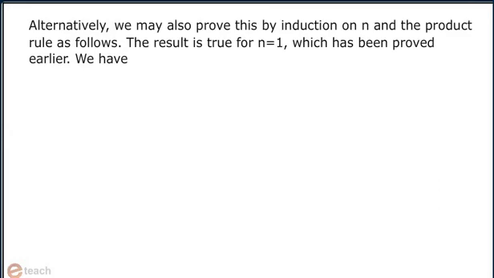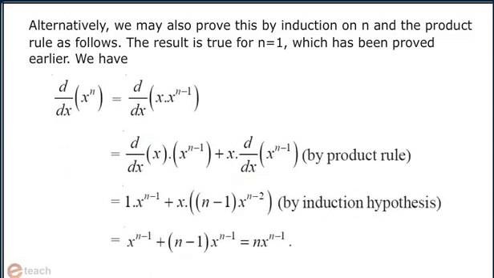Alternatively, we may also prove this by induction on n and the product rule as follows. The result is true for n equals 1, which has been proved earlier. We have d by dx of x to the power n. Now, we can write x to the power n as x into x to the power n minus 1.